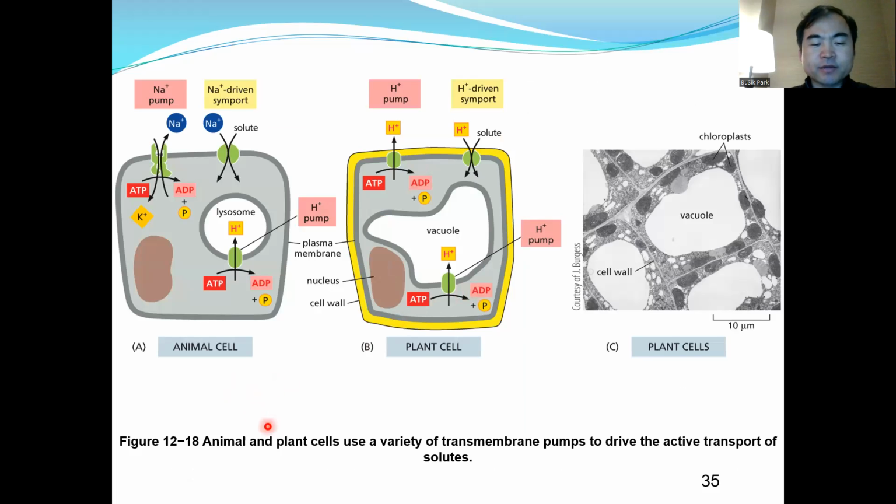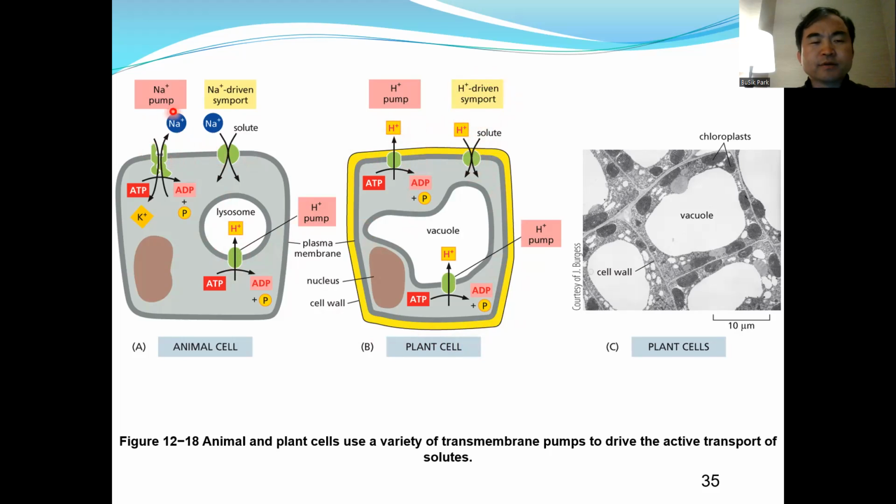Animal cells and plant cells use a variety of membrane pumps. Animal cells use the sodium pump and sodium-driven symport, whereas plant cells use the hydrogen pump and hydrogen-driven symport.